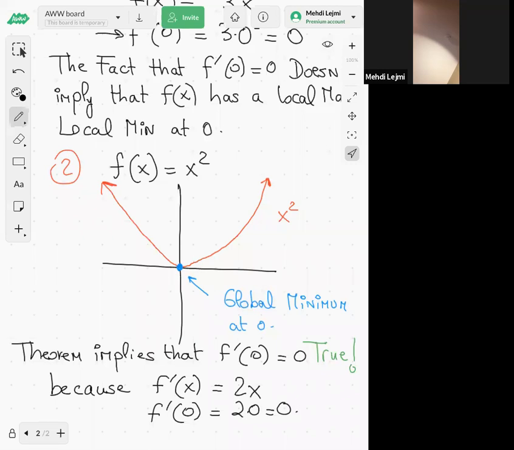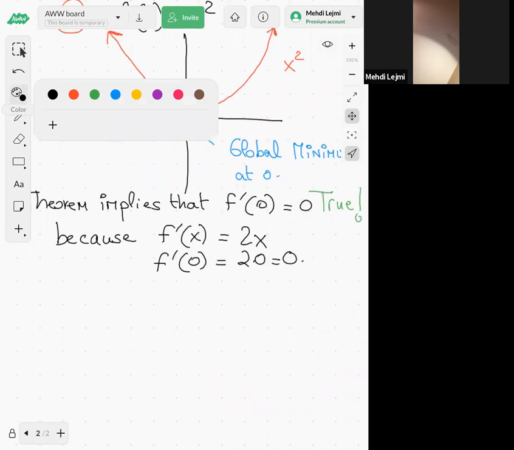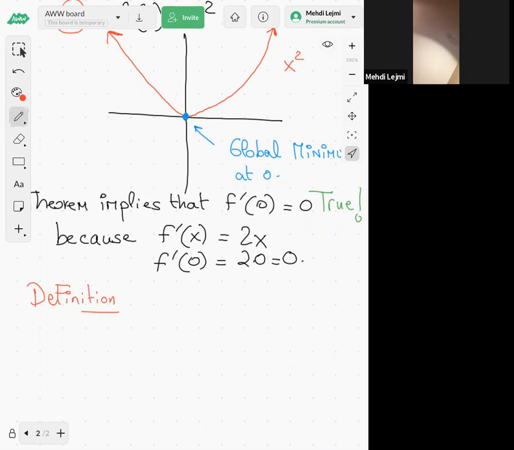Okay. So anyway, the numbers where the derivative is 0, they are kind of special numbers, and they're called critical points. So this is the definition.